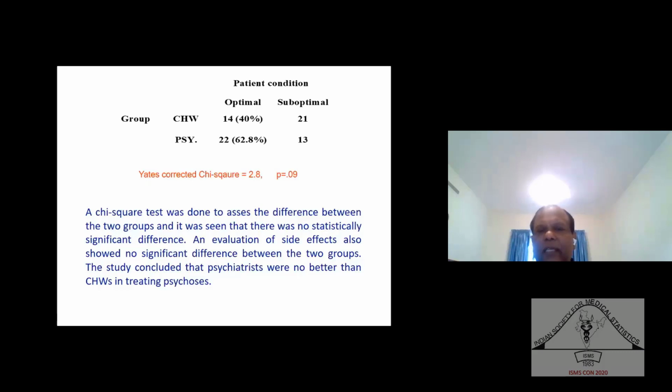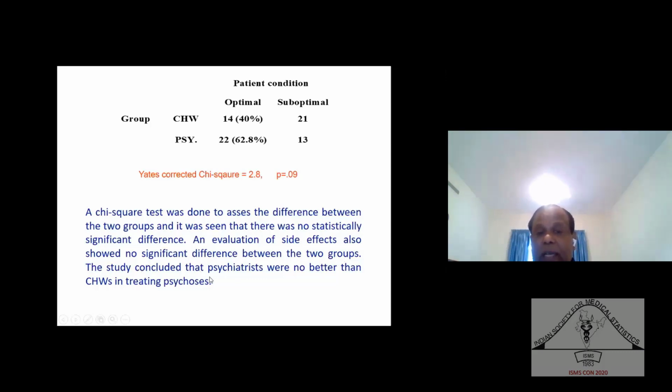The chi-square was 2.8. Therefore, the study concluded, as the chi-square was not statistically significant, and an evaluation of side effects also showed no significant difference between the two groups.